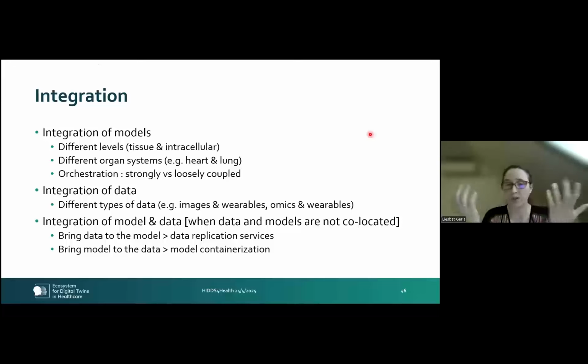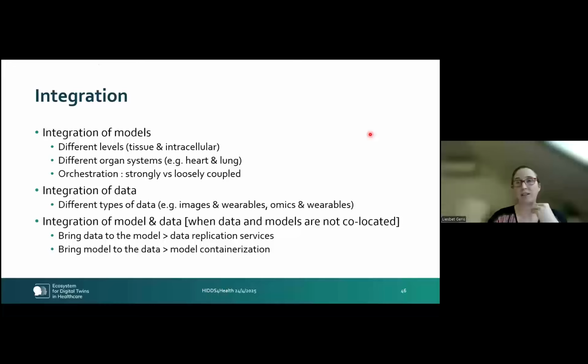There's also integration of data that are sometimes very different in quality and quantity. Like if you have images and wearables, or you have omics data and wearables of the same patient, it's very different in terms of data types and structures. Now, there's also, of course, the integration of models and data, which most likely will not be co-localized. We might have more models in the VHD infrastructures than we will have data sets.